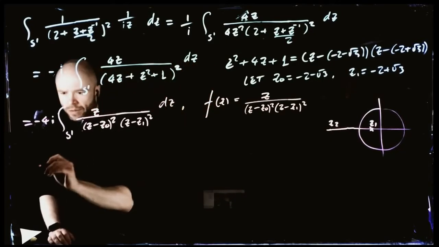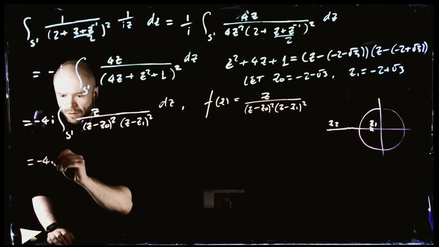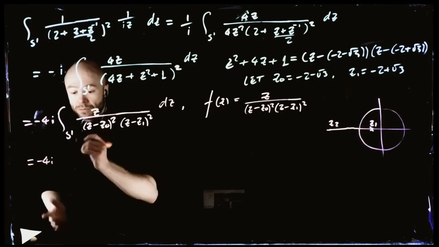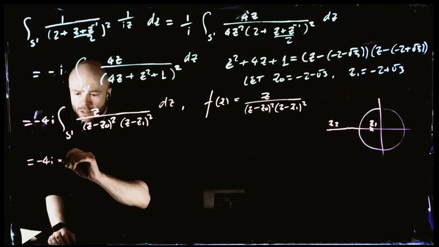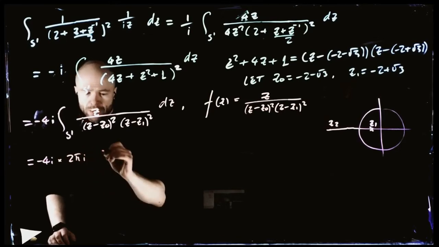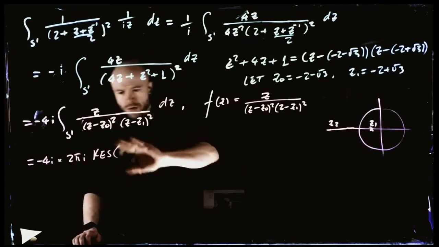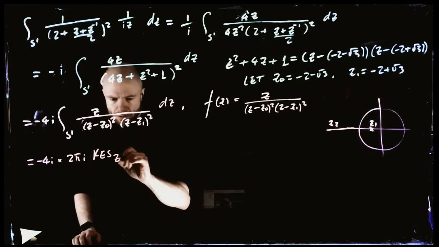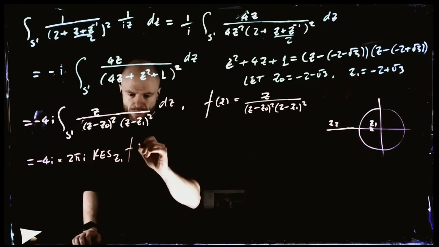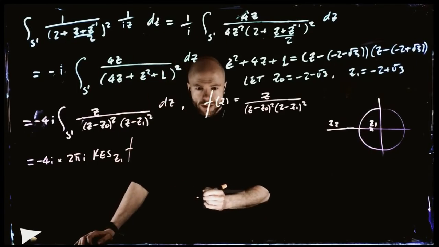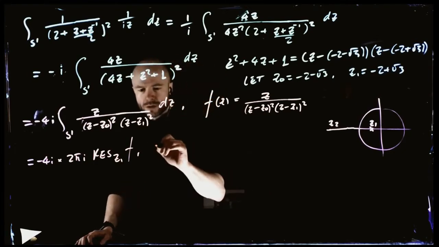And then by the residue theorem, this thing is minus 4i times 2 pi i times the residue at the point z1 of our function f of z. So we need to calculate the residue.